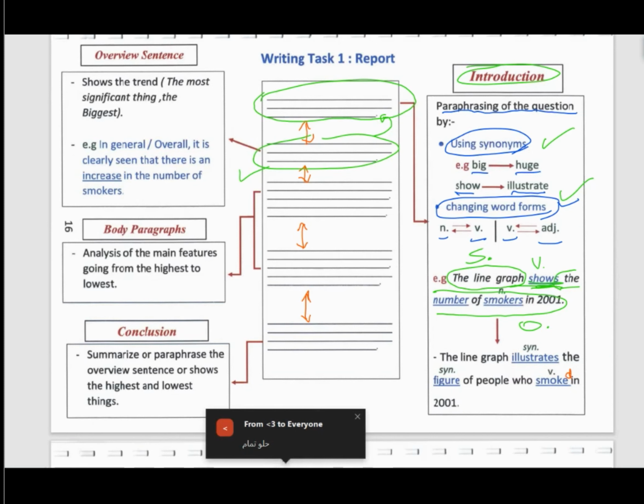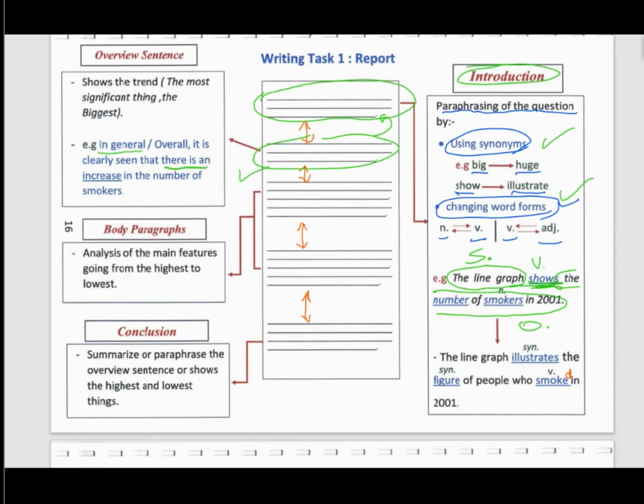Now, you might ask yourself, why don't we say in general there is an increase in the number of smokers and that's it? Why do we put it is clearly seen that? Remember that in the writing you need words. So try to increase the number of words as much as possible. If you add, it is clearly seen that, here are 5 words that will be added to your writing.